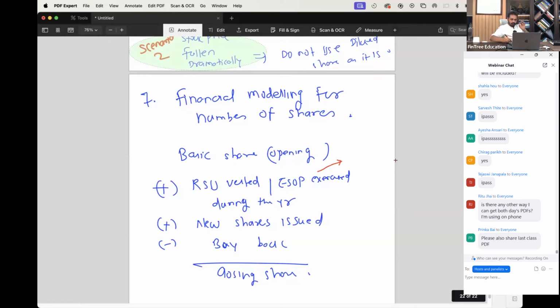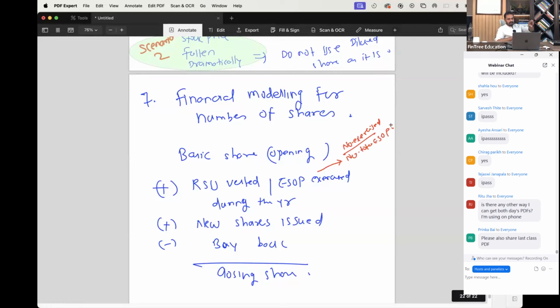So what you do, as the curriculum recommends, is look at the number of shares exercised as a ratio to the total number of ESOPs in the past. Very simple. For example, last year there were a total of 100 shares, and 20 of them were exercised.